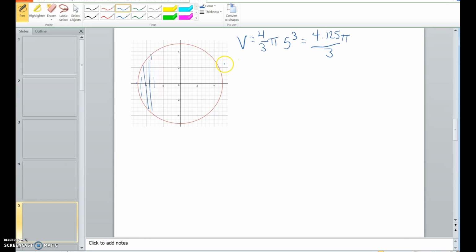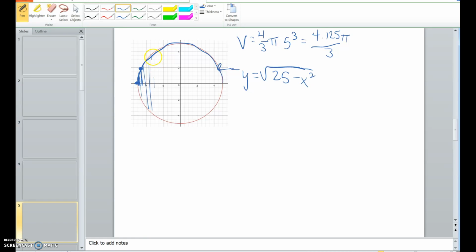Okay, so the way I'm going to think about this, the equation for a circle, or at least the top half of a circle, is y equals square root of 25 minus x squared. So that is the equation for this top portion of the circle. We're going to imagine we're starting over here, and we're going to start building these cross sections. The length from the function, the top of the circle, down to the x-axis, that is going to be the radius of the cross section that we're looking at.